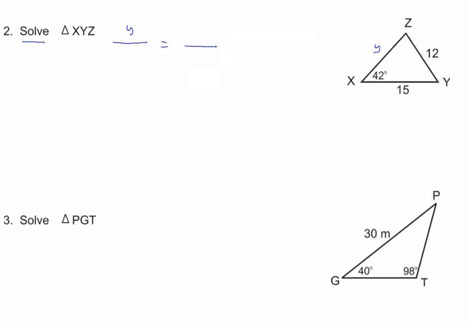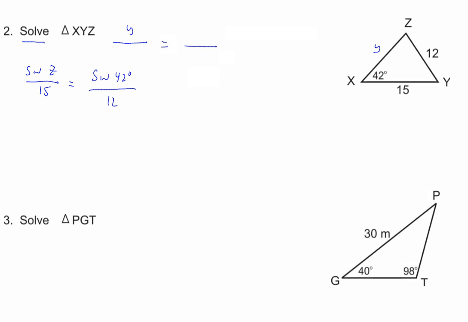I can get angle z. I'll do that first. Sine of angle z over its opposite side, 15, equals the sine of angle x, which is 42 degrees, over its opposite side, which is 12. See, there's more than one way to skin the cat. Again, this would be real life, because you're just thinking, oh, I'll try y first. Nope, can't get it. Got to be something else I can get.